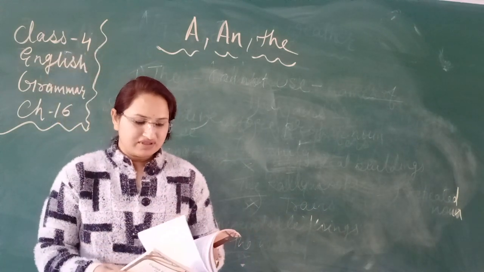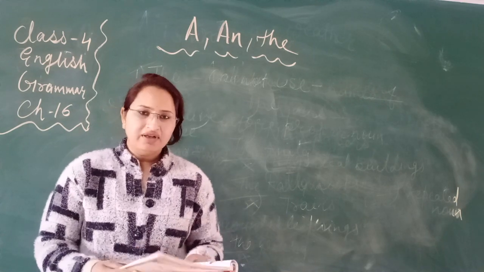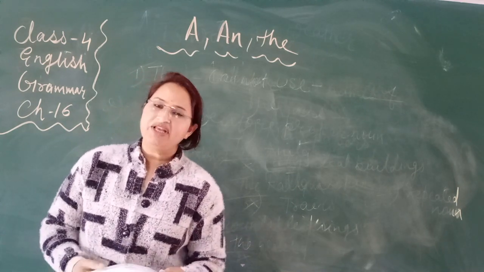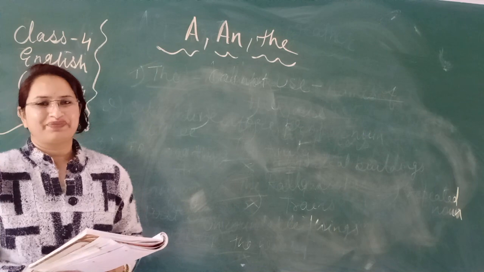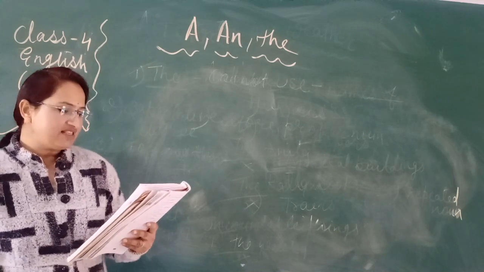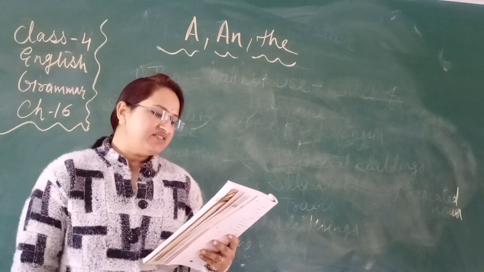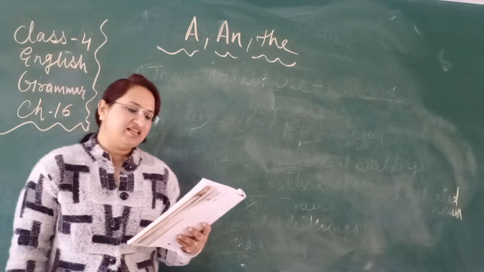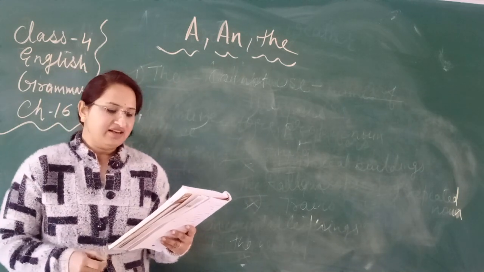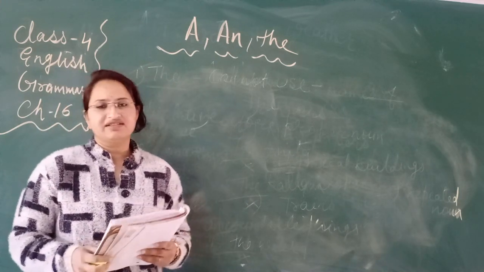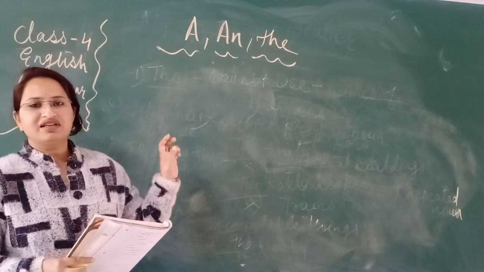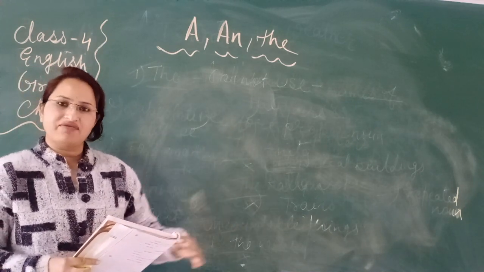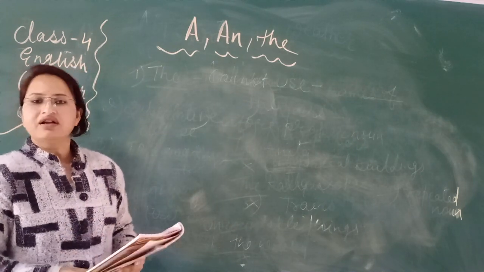Now move towards the book. Open page number 41. Vowels and consonants. As we know that English alphabet A, B, C, D till Z consists of 26 letters. 5 जो है these are vowels and remaining 21 are consonants.